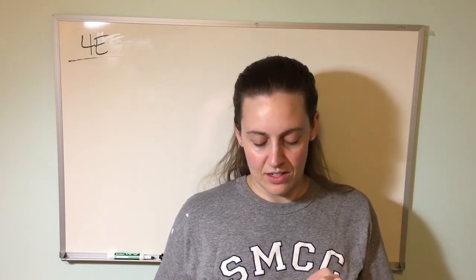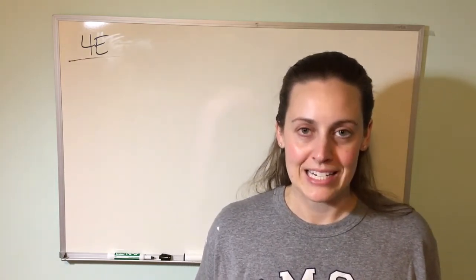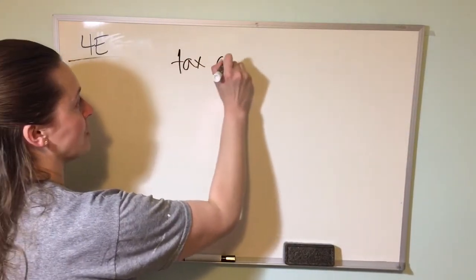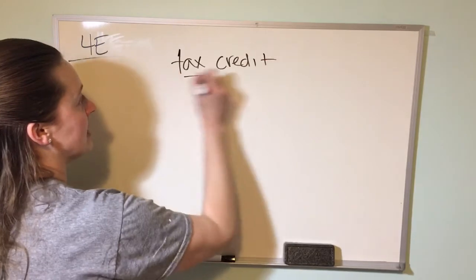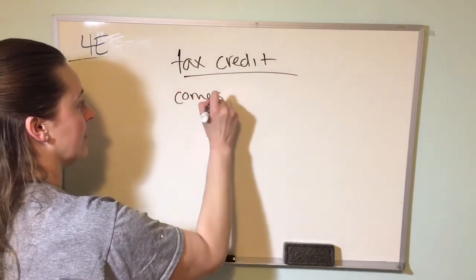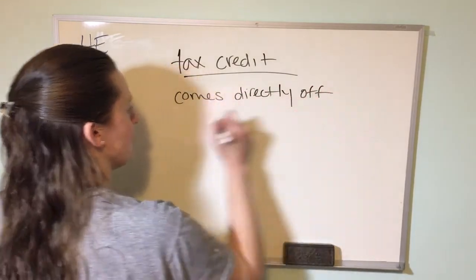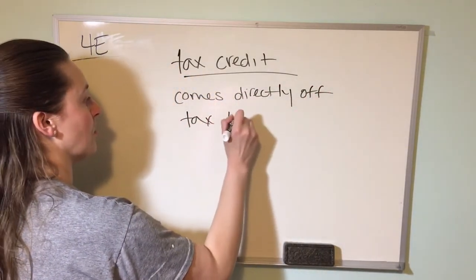Vanessa, in this case, gets a tax credit. So a tax credit comes directly off your tax bill. A tax credit comes directly off your tax bill.